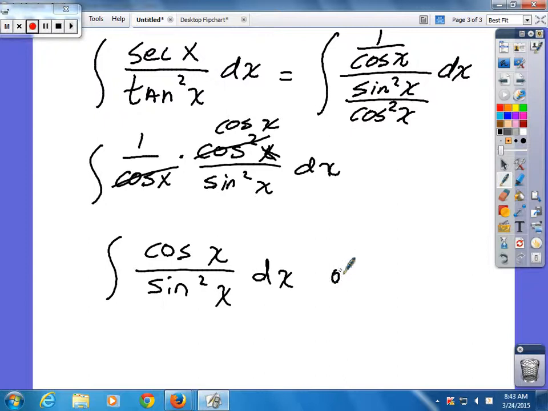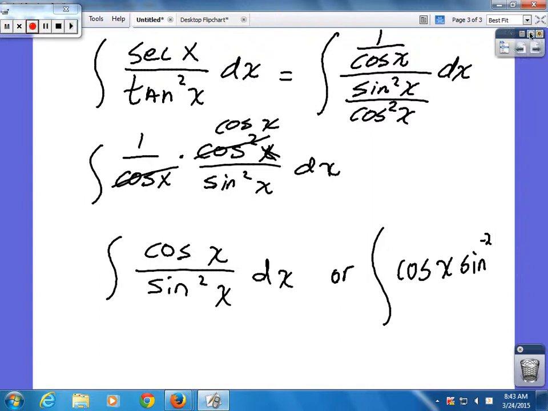Or antiderivative of cosine of x times sine to the negative 2 of x dx.